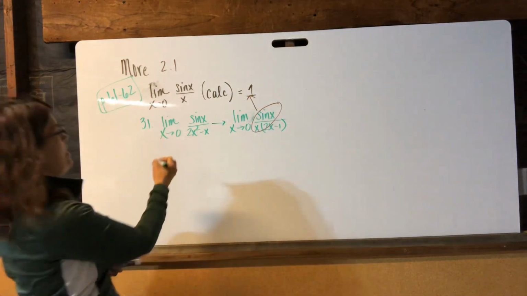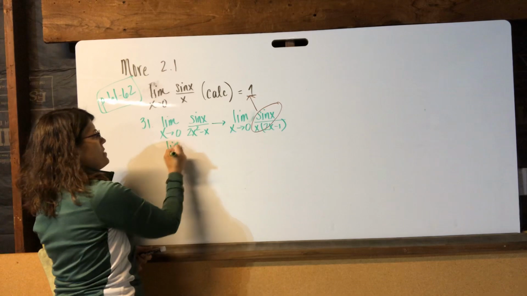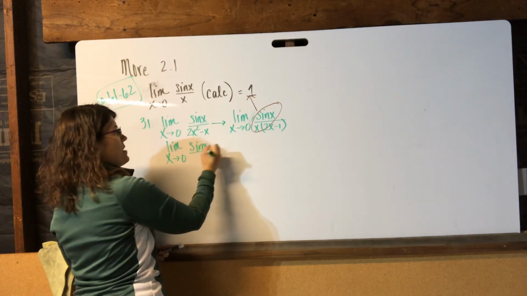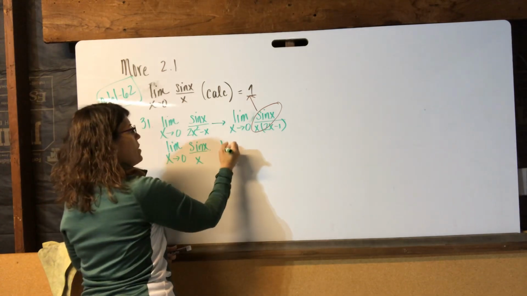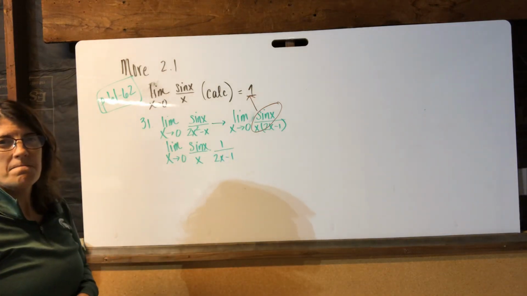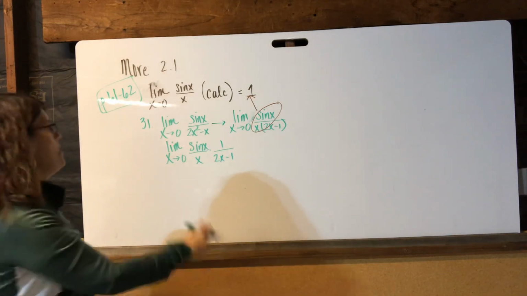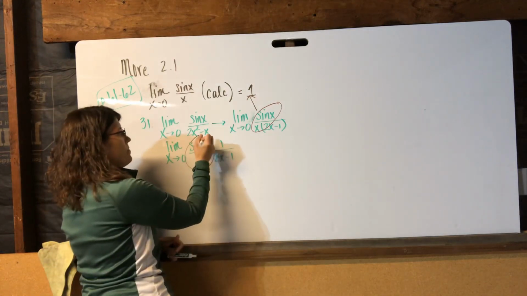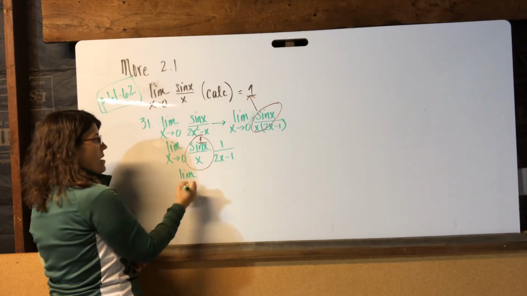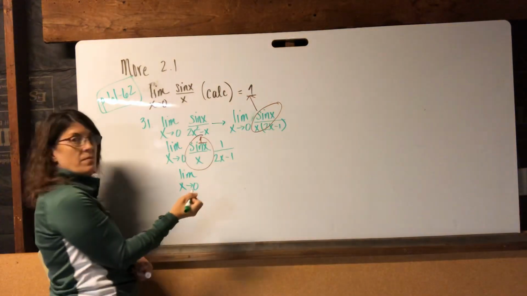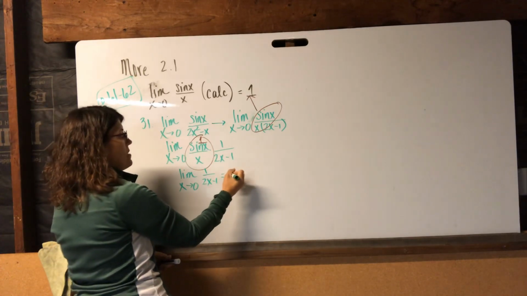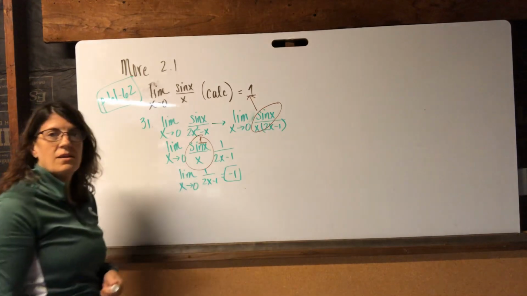So I'm going to write this as the limit as x approaches 0 of the sine of x over x times 1 over 2x minus 1. This right here is 1. So this becomes the limit as x approaches 0 of 1 over 2x minus 1. Plug in and you get negative 1.